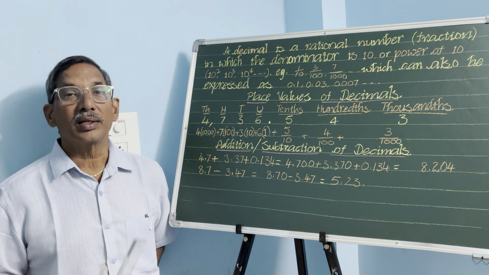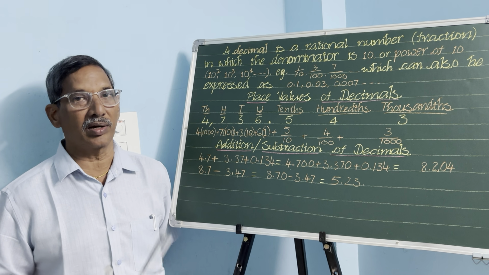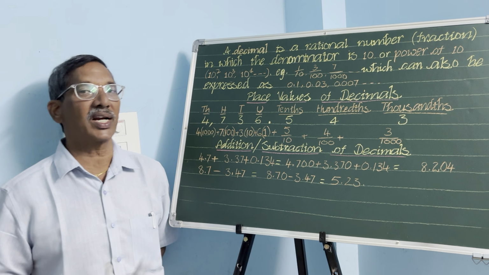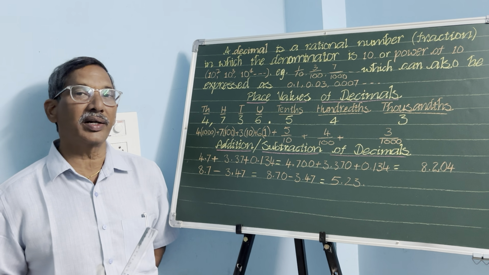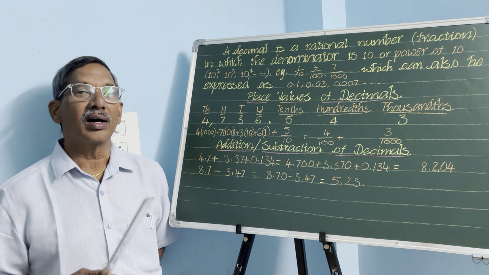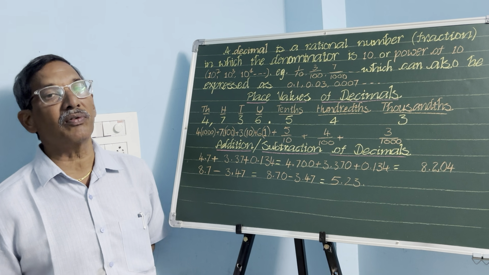So, a decimal number is a fractional number or a rational number. That means it can be written as a fractional number. And the denominator of a decimal number is 10, 100, 1000, or the multiples of 10.